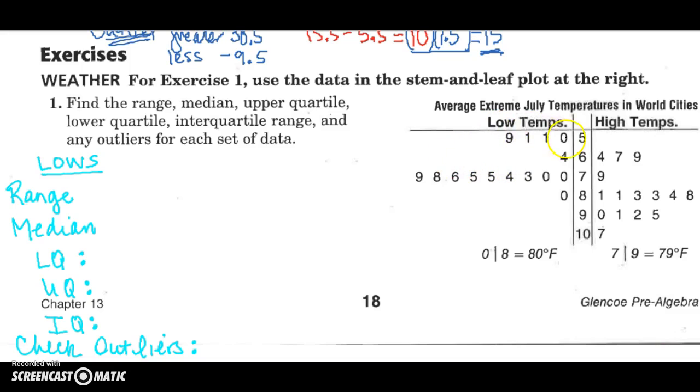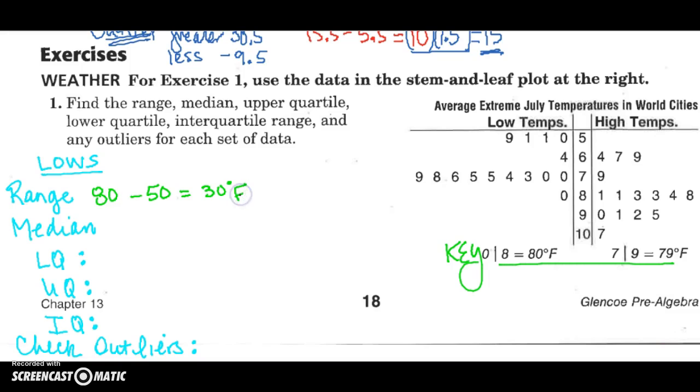The range for the low temps. The smallest number here is 50. The largest number here is 80. So that means we have a range of 30 degrees. We know it's degrees Fahrenheit because of the key. Remember, this is your key at the bottom.